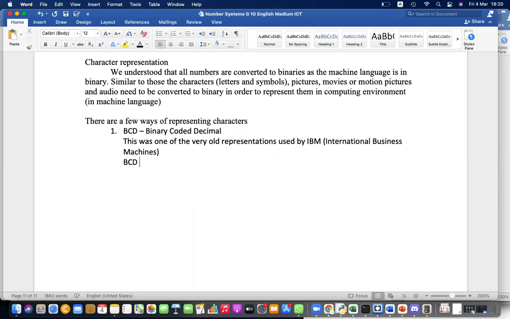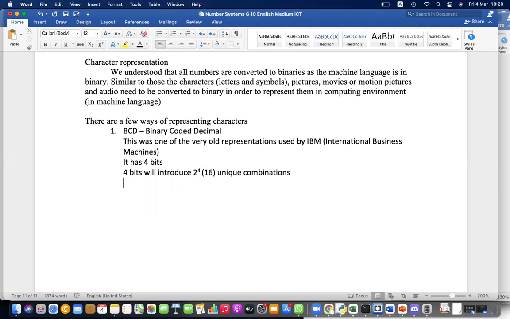BCD, okay, it has 4 bits. 4 bits will produce 2 to the power 4 unique combinations. 2 to the power 4 means 16, right? 16 unique combinations.